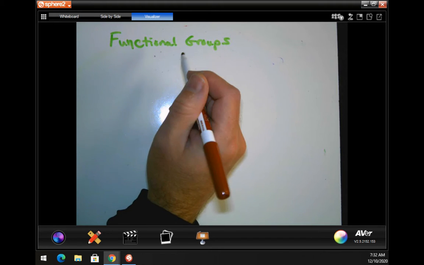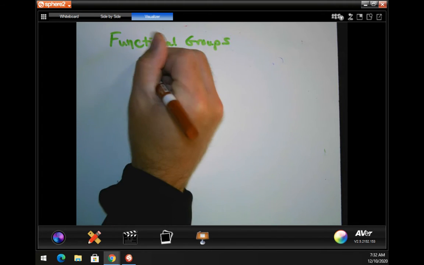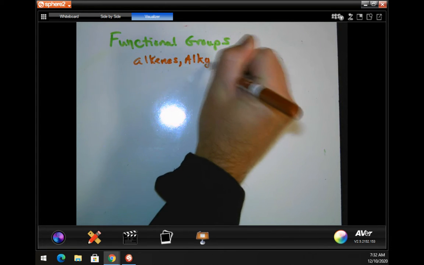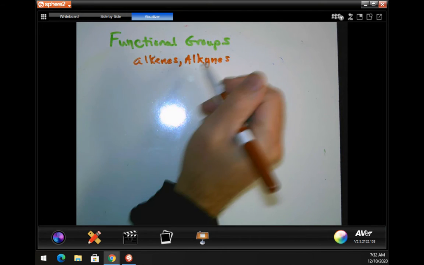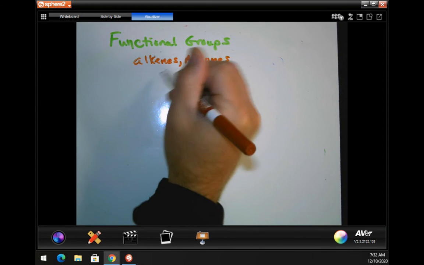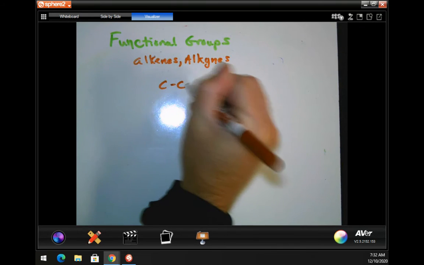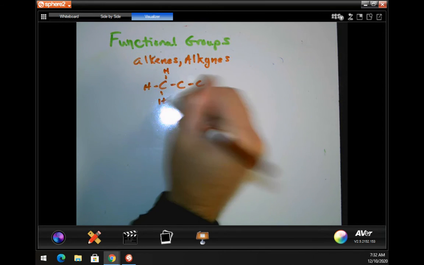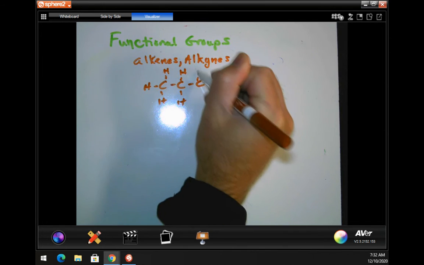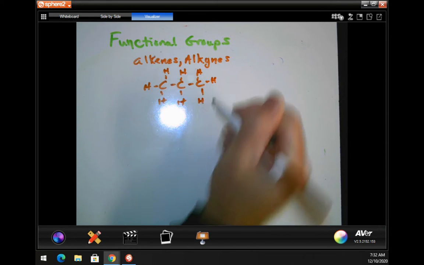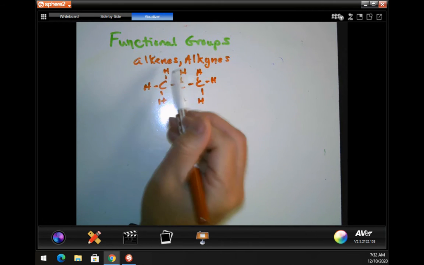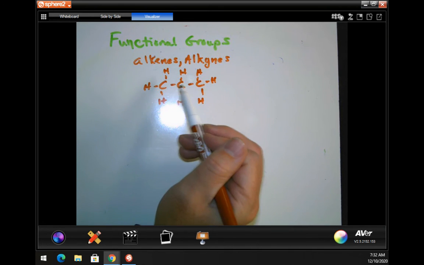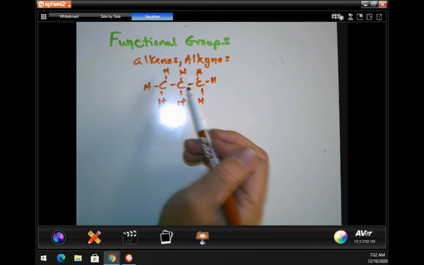Okay, so really the first functional groups that we had were the alkenes and alkynes. Why they're functional groups is because anytime you remove a hydrogen, say we have this sort of thing, if we take off one of these hydrogens and we use those electrons to form something else, it's basically changing the function of the compound, right?